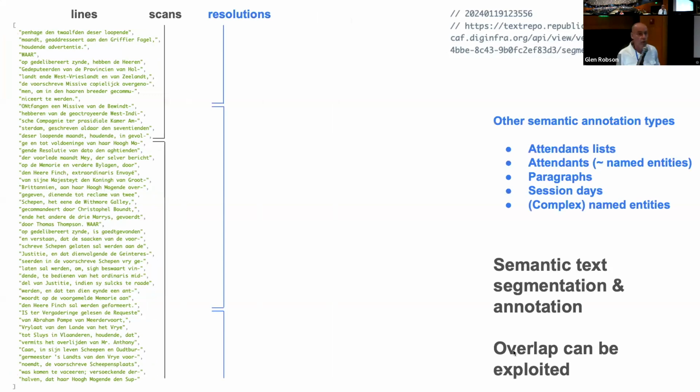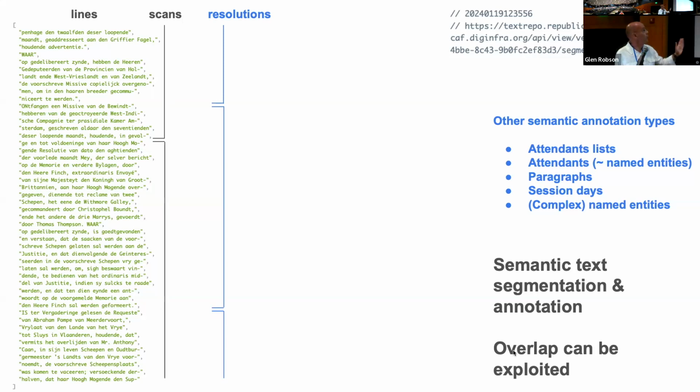We can go on. So we have automatic segmentation processes, where we can also do more at the semantic level. We can detect the boundaries in this text stream, like the individual resolutions, but also these attendance lists with individual attendance, paragraphs, session days, stuff like that. Also represented as annotations.